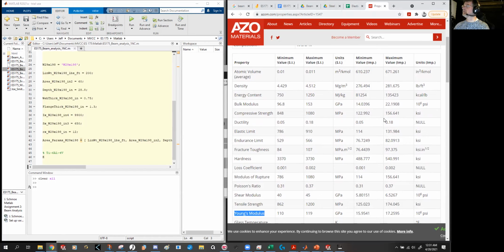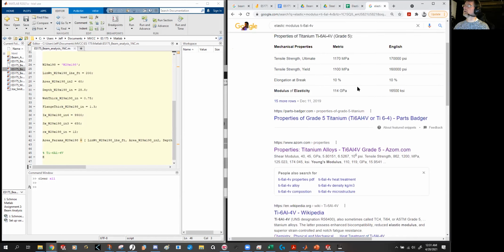And doesn't even give you the, okay, the units are 16 times 10 to the 6 psi. So that's 16 million psi. What did they have? Okay, 16,500. Okay, we'll go with whatever that is.